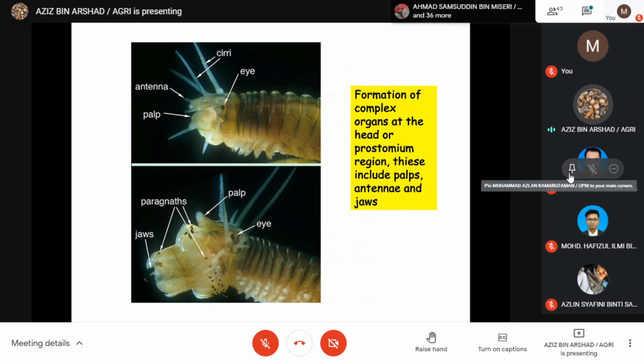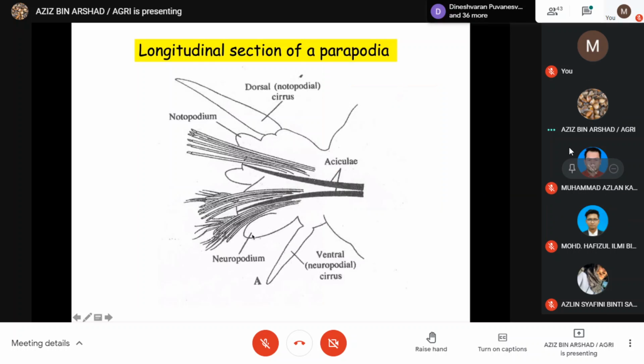So again, under the microscope, you will see the head part clearly with the eye, tentacular cirri, and antenna, and also palp. And this is when the pharynx is being everted out. And you can see the jaw, the palps, and the eyes again. The parapodia, if you cut it off and make a section of it, you can see the notopodia and the neuropodia.